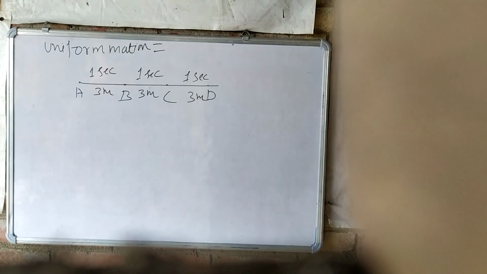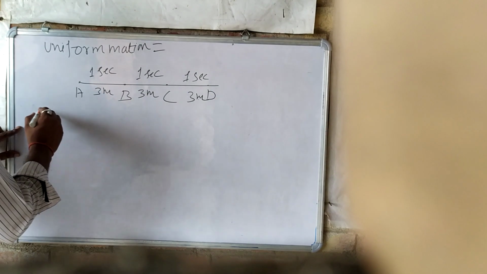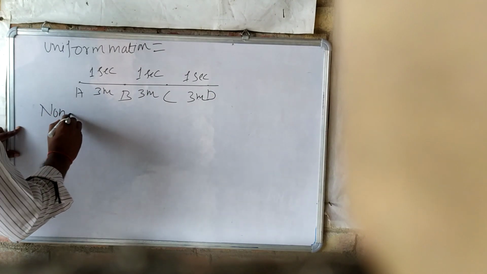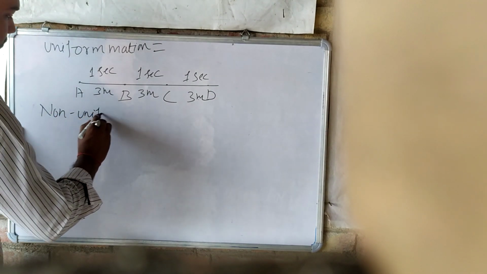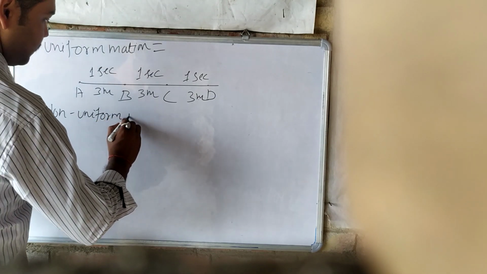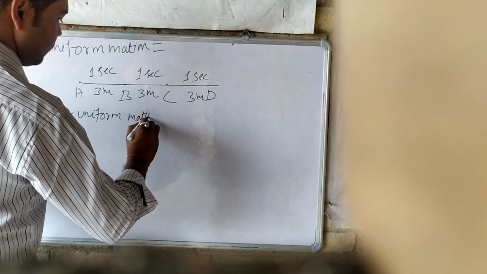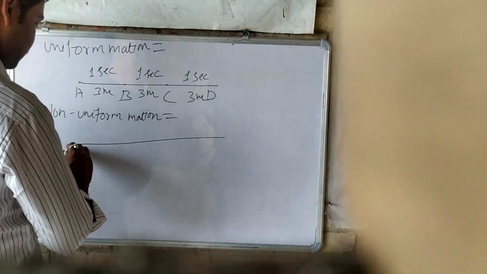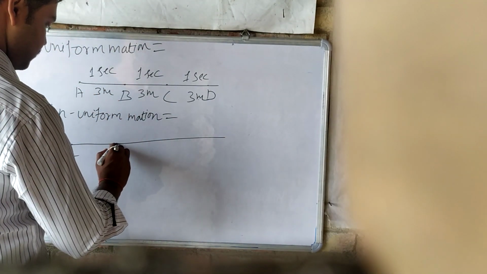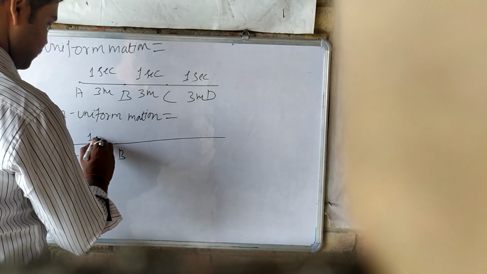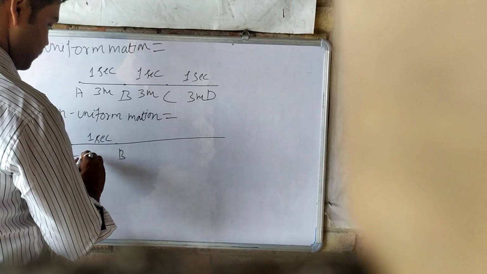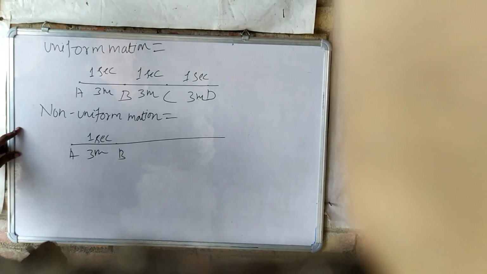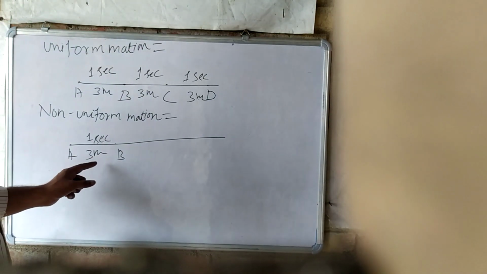And what is non-uniform motion? It is just the opposite of this. From A to B, in 1 second we covered 3 meters.